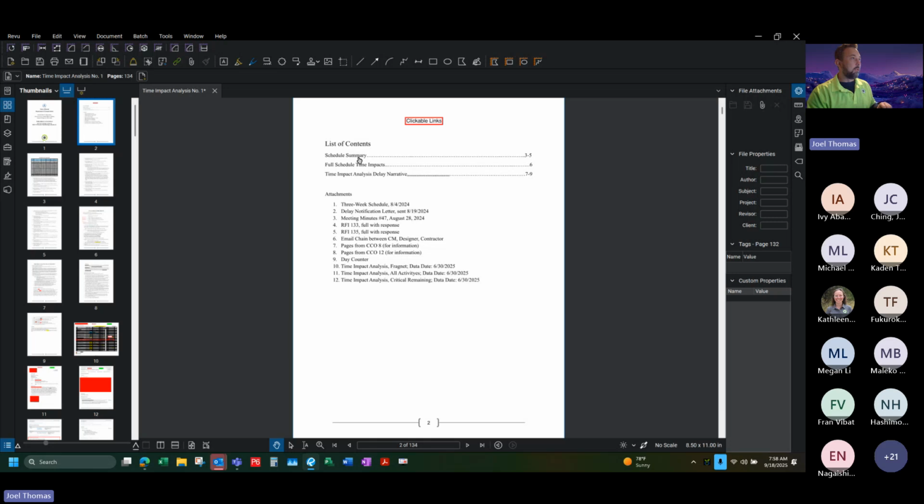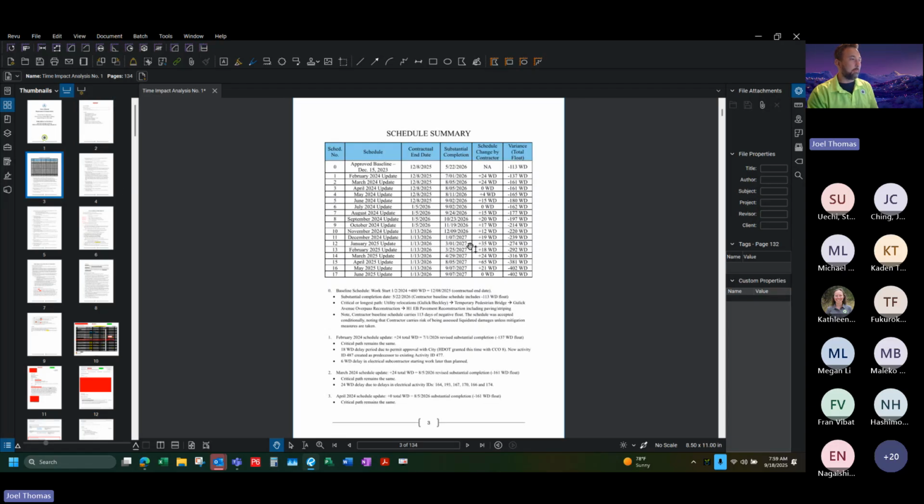We have a schedule summary, and then a schedule time impact, and then the time impact analysis delay narrative. I know that these are all jargon. They sound sort of the same. And then I add in all my attachments that back up this data that I'm putting in the narrative up top. But I'll roll through this a little bit.